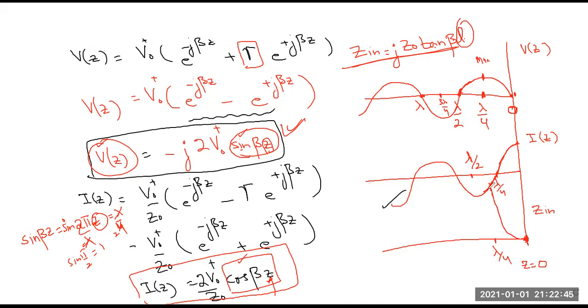What will happen after lambda by 4? If you put tan 91 or 92, the function is no longer infinite. So after lambda by 4, it will start decreasing again. It will be plus infinity, then it becomes minus infinity, and then it will start decreasing like this. At which point will it be equal to 0? It will be equal to lambda by 2. And after that, it will repeat itself in the same manner. Again, it will be like this.